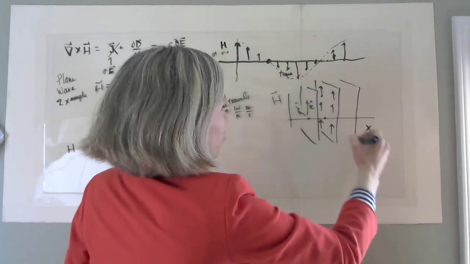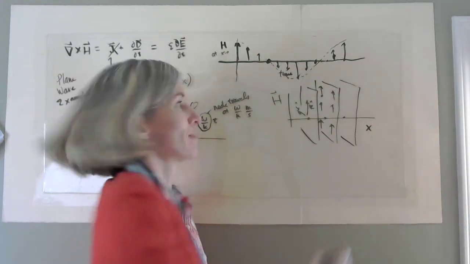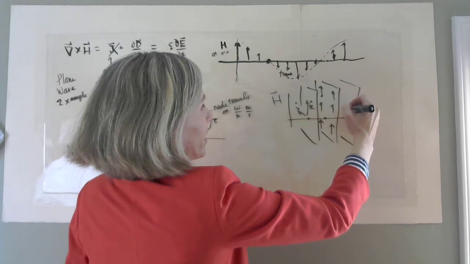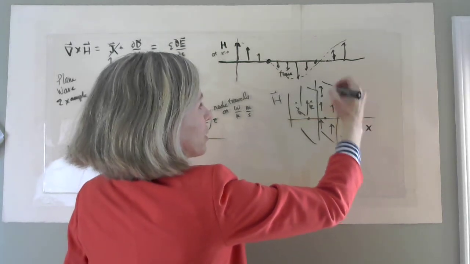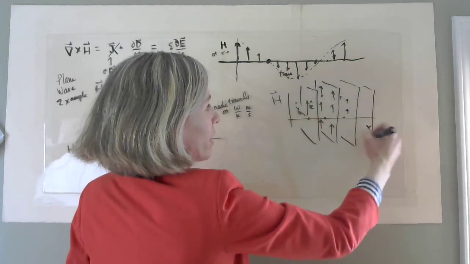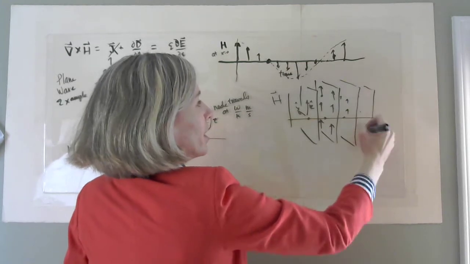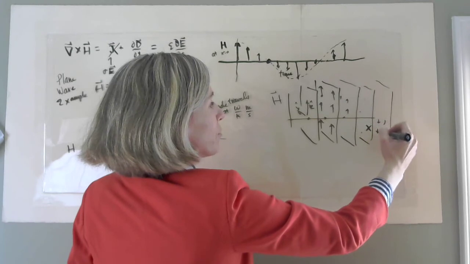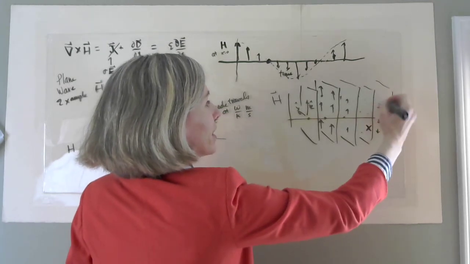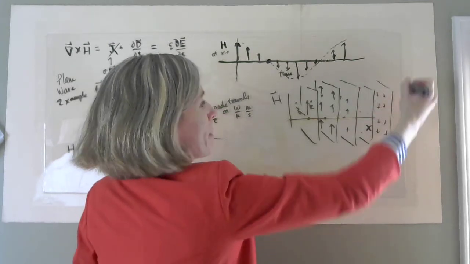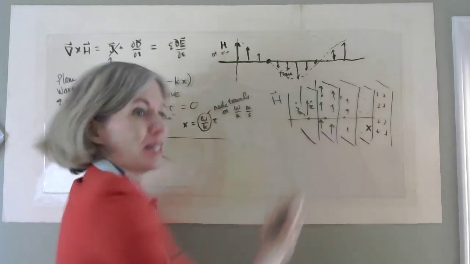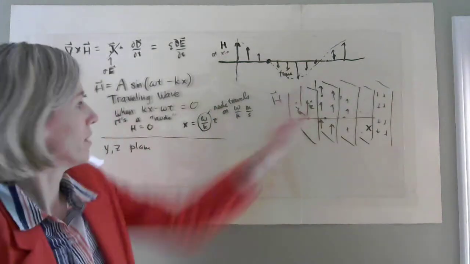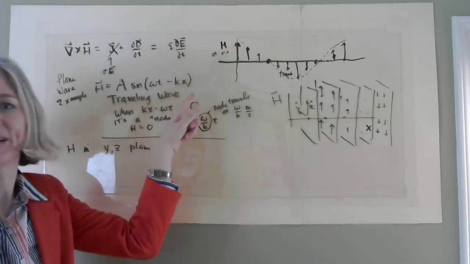And we'll look at this little slice over here at a bigger value of x, and it's got a little bit smaller value, and over here I've got 0, and then I start flipping, my magnetic field's doing this everywhere in that plane. So you see what I mean about a plane wave? It's taking this sine argument and putting it everywhere in the other two directions, y and z.